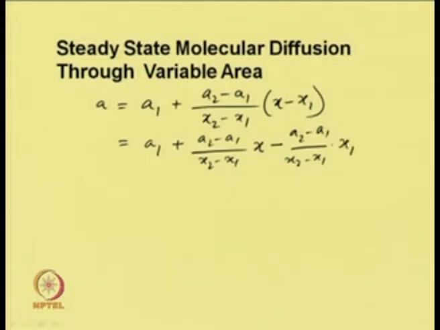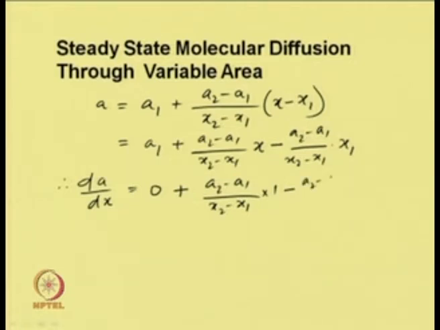Now, if we differentiate, this will be dA by dx. Since A1 is constant, this will be 0 plus (A2 minus A1) by (x2 minus x1) into 1, minus (A2 minus A1) by (x2 minus x1) into 0.